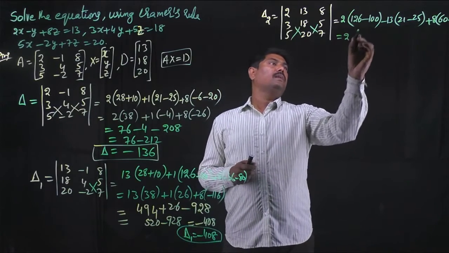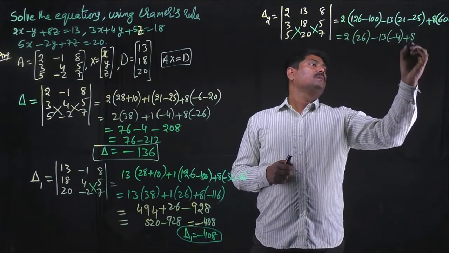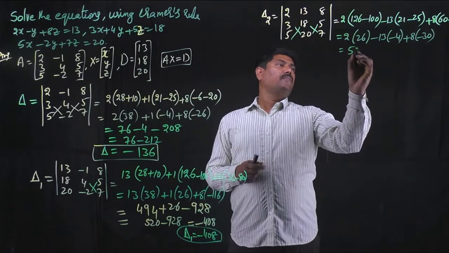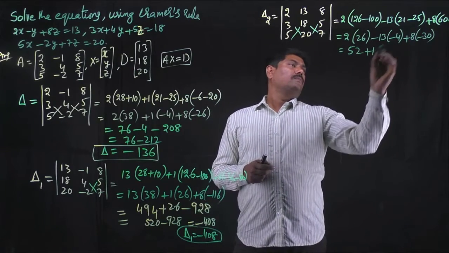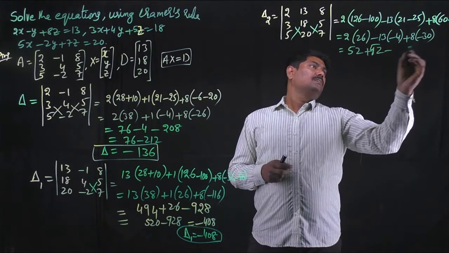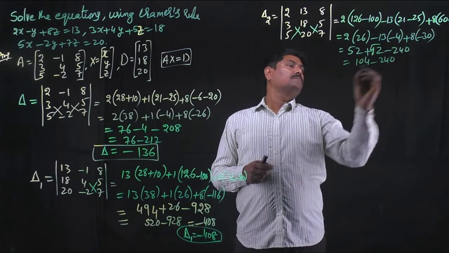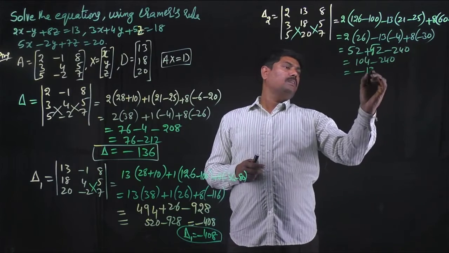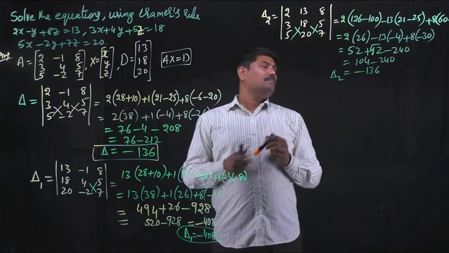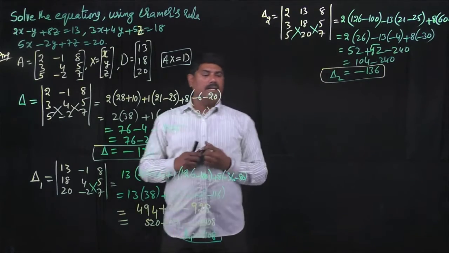So 2 into 26 minus 13 into minus 4 plus 8 into minus 30. So this is 52, plus 13 fours is also 52, minus 240. 104 minus 240 is minus 136. So the value of delta 2 obtained is minus 136.